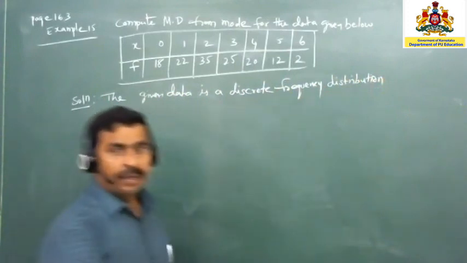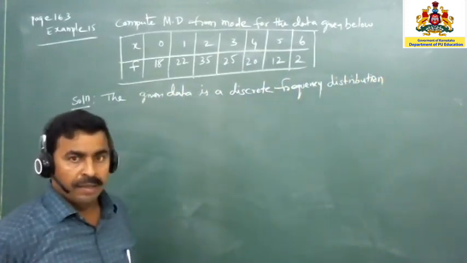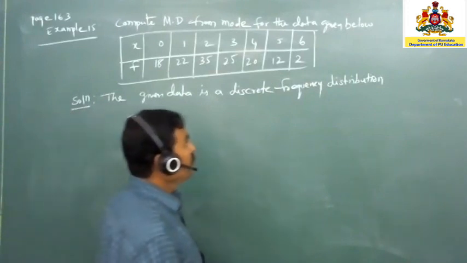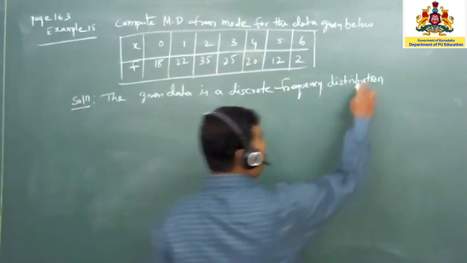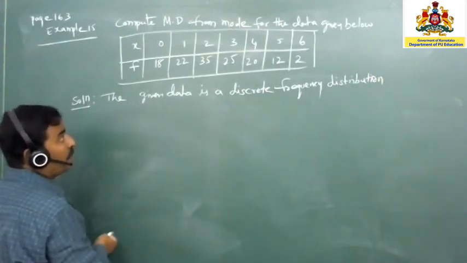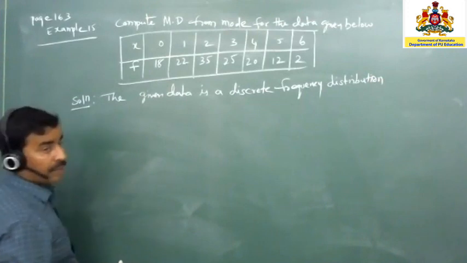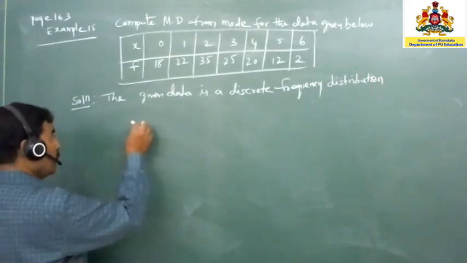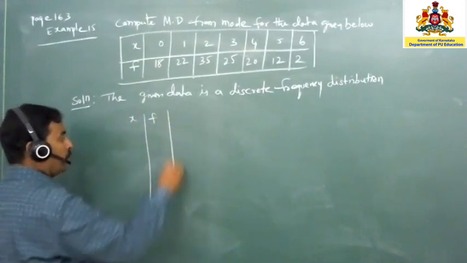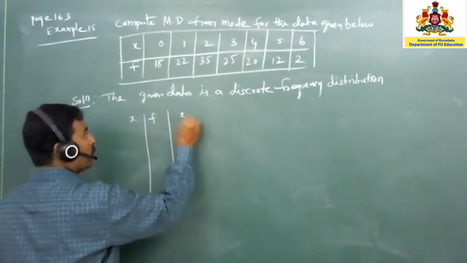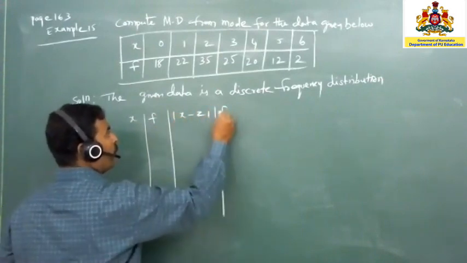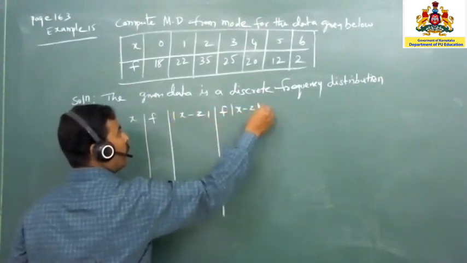Therefore, how to find the mode? You can easily find the value of x corresponding to the highest frequency. I'll complete it in one table only: x, f, then modulus of x minus z, and f into modulus of x minus z.